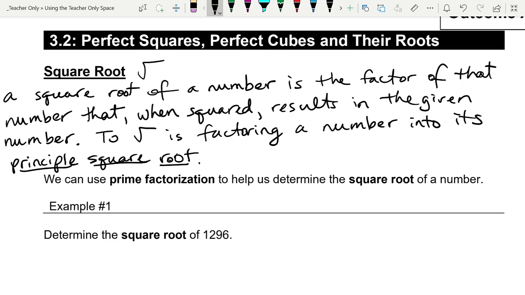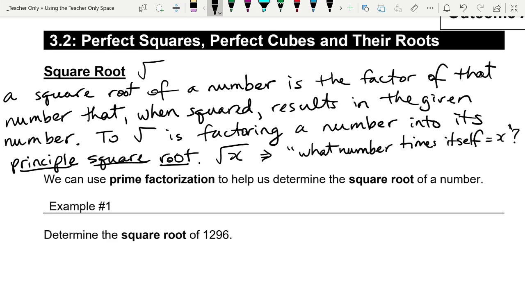It's like saying the square root of x is the same thing. I'm making it look like I'm saying an equation. How about I put an arrow? The square root of x is the same thing as saying, what number times itself equals x? I should put a question mark on that. It's a question.